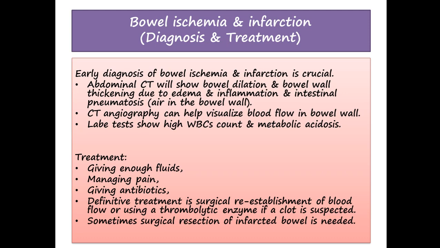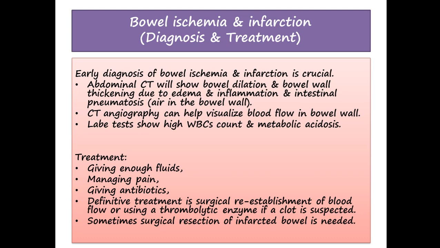Coming to the treatment of bowel ischemia and infarction, we have to replace the fluid loss by giving enough fluids, managing pain, and using antibiotics for treating the infections. But the definitive treatment of the intestinal infarction is surgical re-establishment of the blood supply.